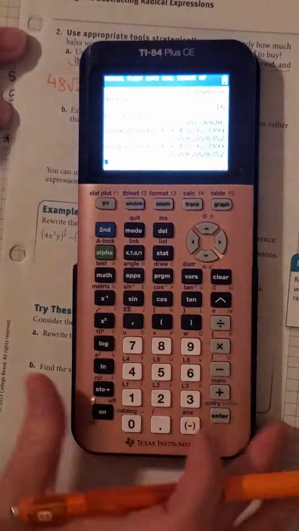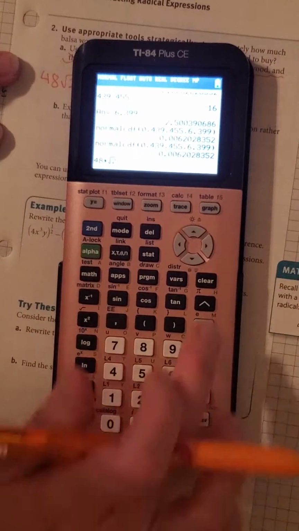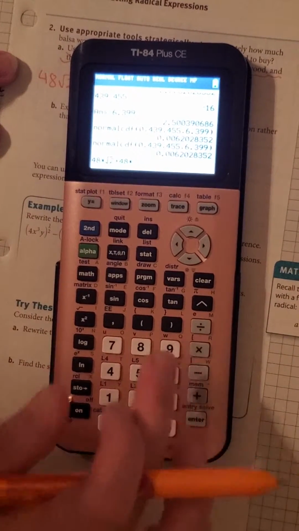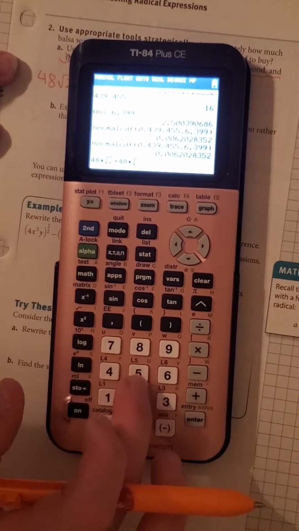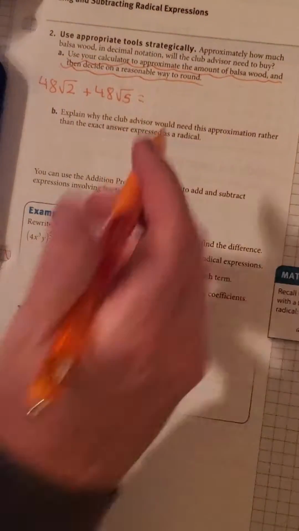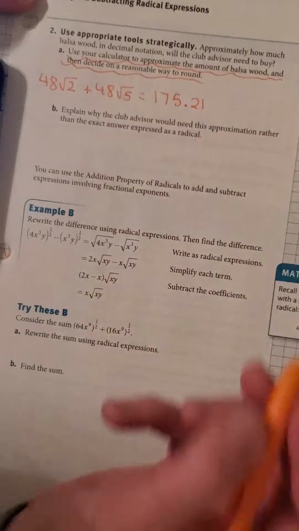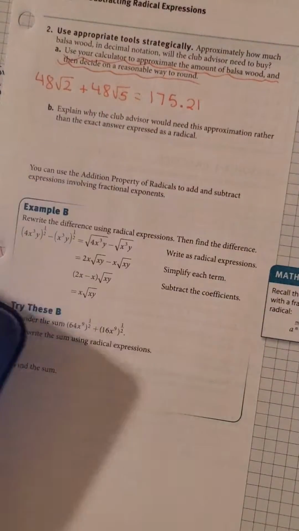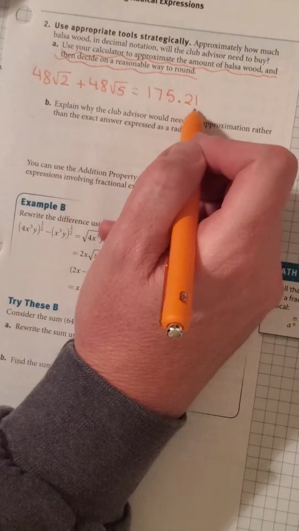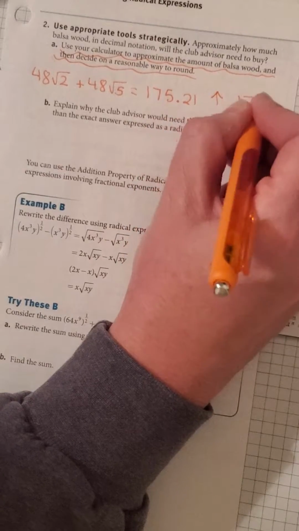In your calculator, you can do 48 times square root of 2 plus 48 times the square root of 5, which is about 175.21-ish. Now, if we're going to buy wood, they're going to want us to buy it probably to the nearest foot. So if we're going to buy to the nearest foot, we would round this to 176 feet.